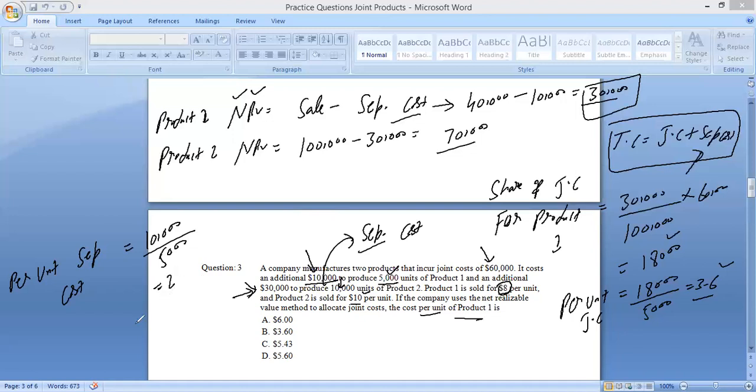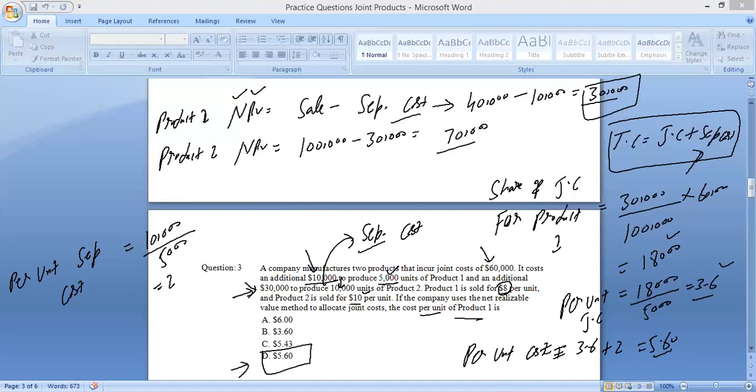Now you are in a position to calculate per unit cost. Per unit cost is equal to 3.6, which is your per unit joint cost, plus 2, which is your separable cost. So your answer will come to 5.60.